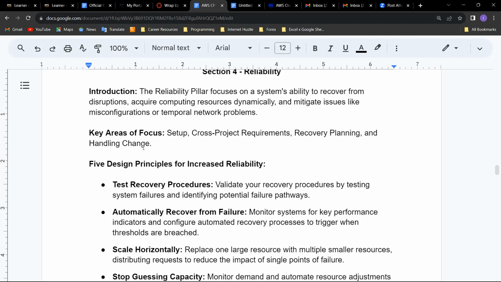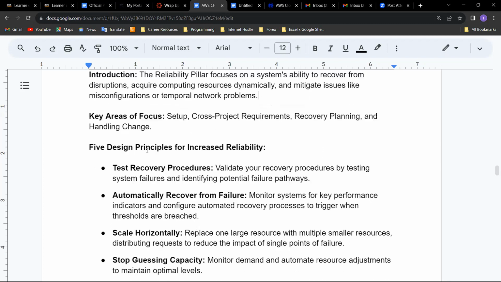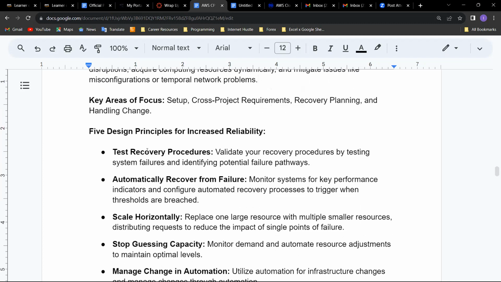All right. So the key areas to focus on for reliability are your setup, cross-project requirements, your recovery planning, and handling change. It also looks at 5 design principles to increase reliability. So first, test your recovery procedures.